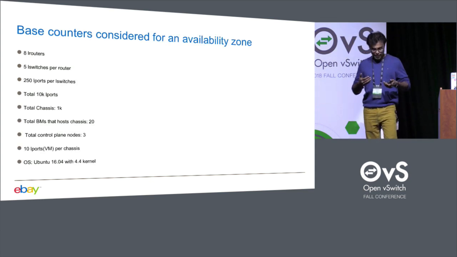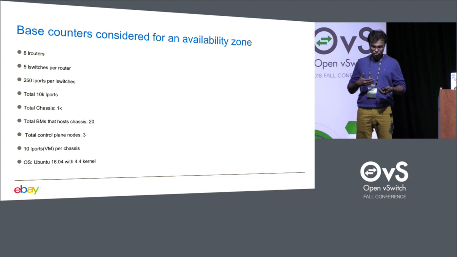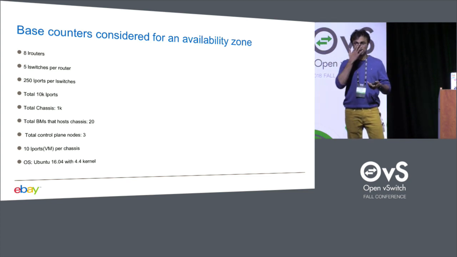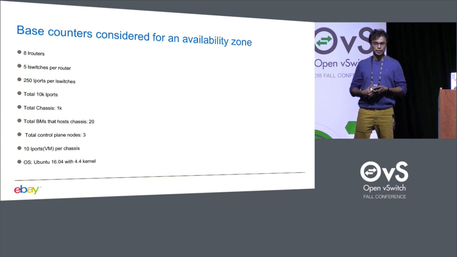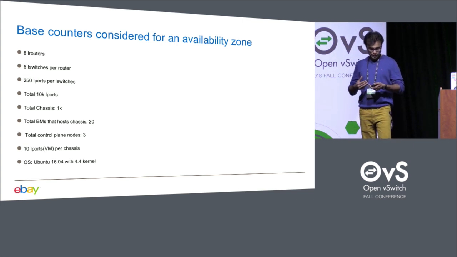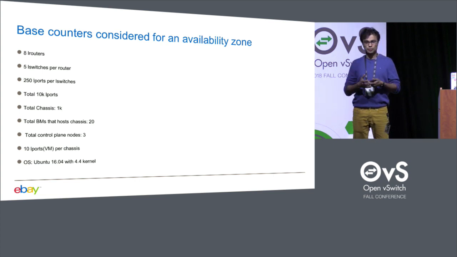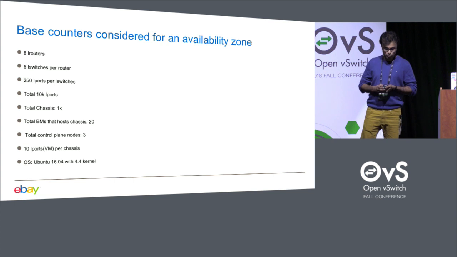Before we dive into the scale, we wanted to set a base benchmark that we always use for an availability zone as part of OVN. We decided to go with 8 routers because, in a live environment, we have 8 gateways plugged into the uplink switches.